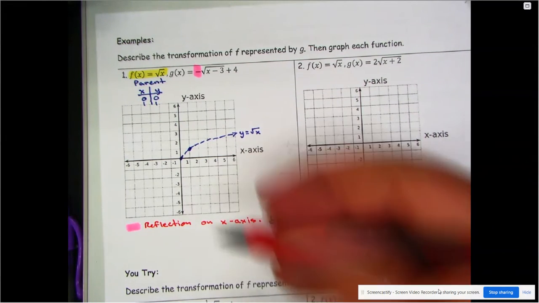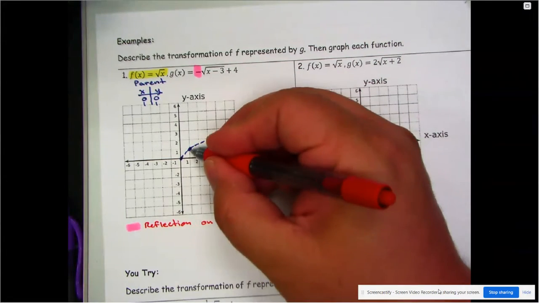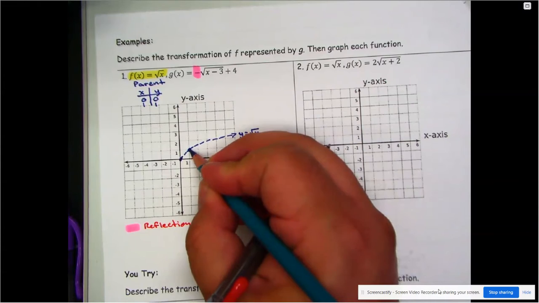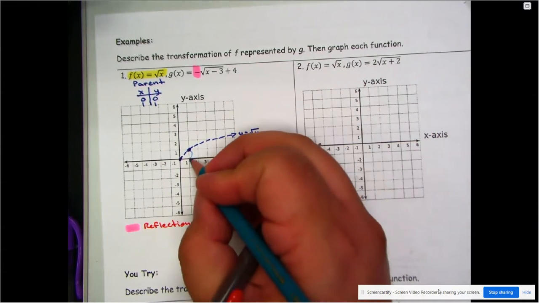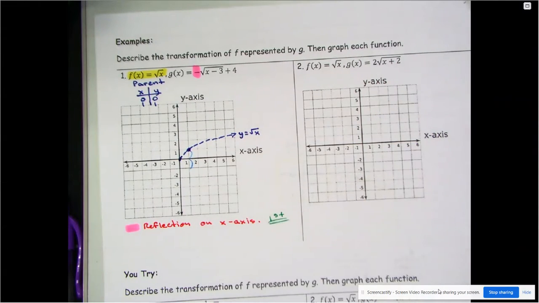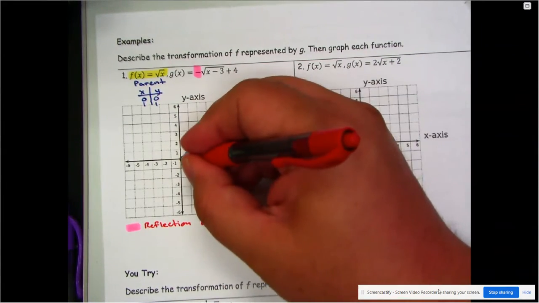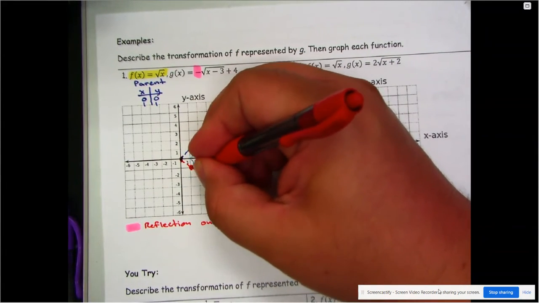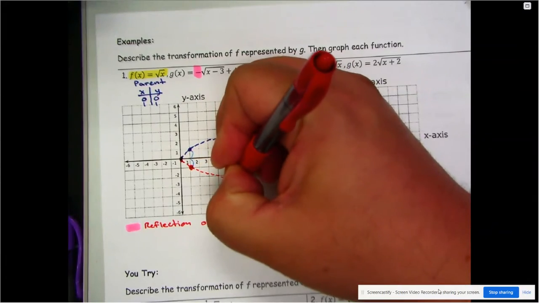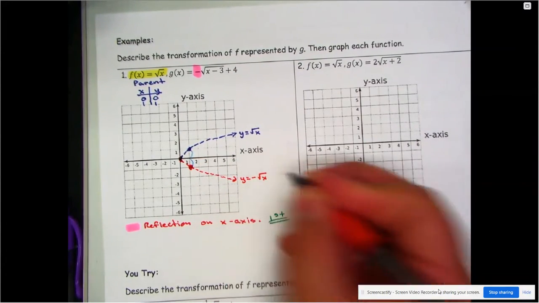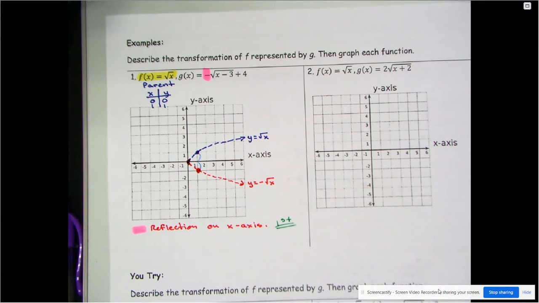So here we go. It would still be 0, 0. But remember, because I'm doing the reflection on the x-axis, here's one space away from the x-axis. Well, then I go 2 spaces away. So here's the new point. Remember, still 0, 0. And now it looks like this. So now this is y equals the negative radical x, because all I've done is taking care of that reflection.